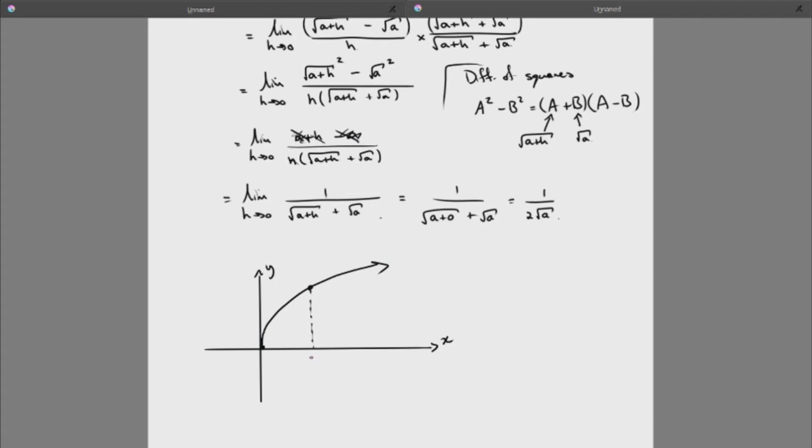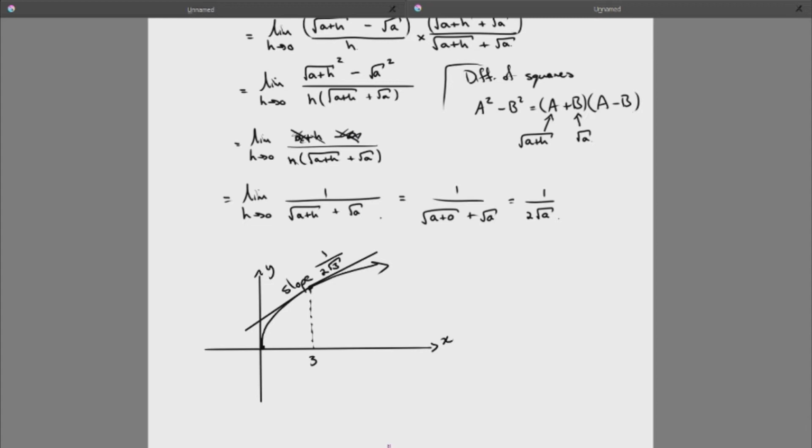Let's say that is a 3. And I can ask for the tangent line slope at that point. It has slope 1 over 2 root 3. And you can calculate that to however many decimals you want.